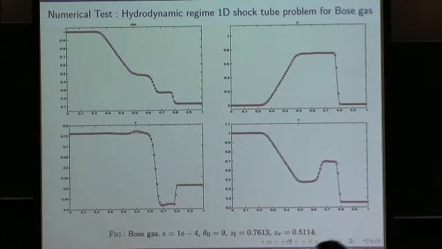So this is for Bose gas, and now we take into account more quantum effects. We take theta 0 large enough, and in that case we still find a good agreement between the different approximations, even if on the fugacity there are some differences here.